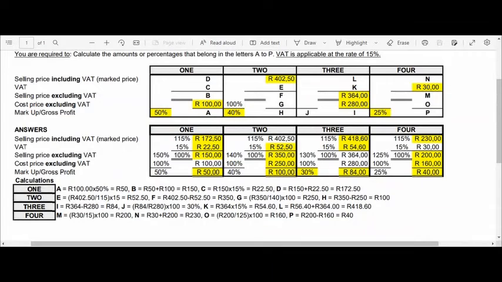You can do that if you've already calculated the percentages. You're quite correct. But if you haven't calculated the percentages yet, what would you do? You would take 84 rands, divide by 364 rands.